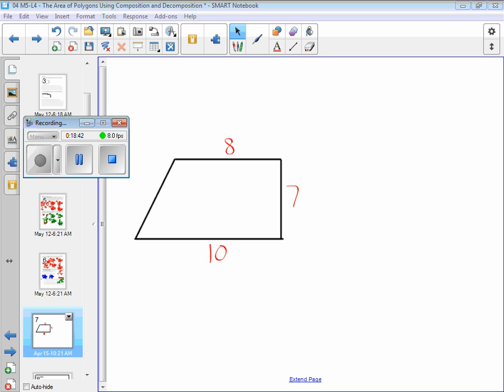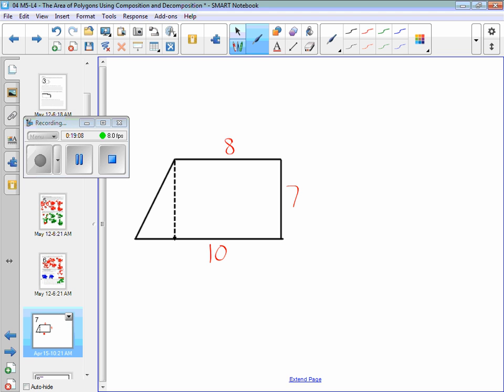Code, talk us through the process. Tell me what you did. I just made a dotted line, split the triangle. Okay, let me do that. So right here? Okay. Then what? Okay, so now what's the rectangle?